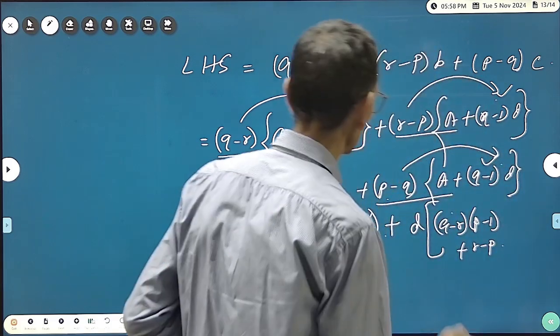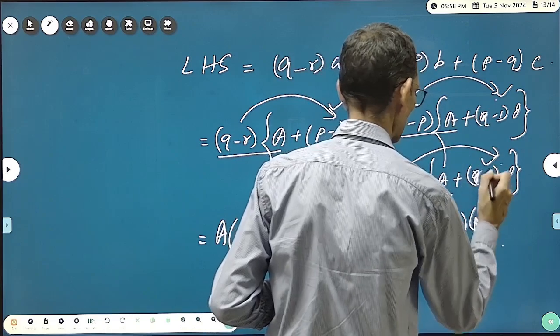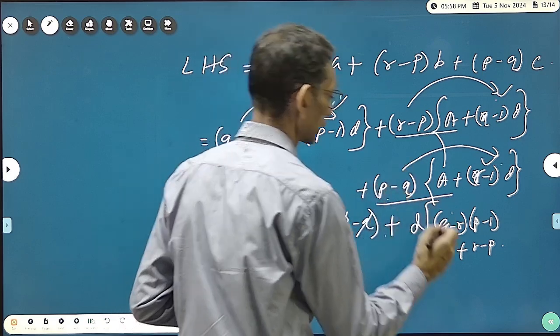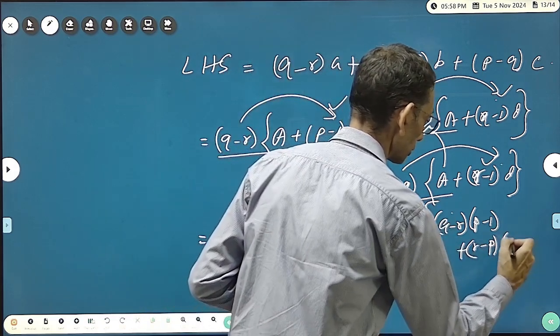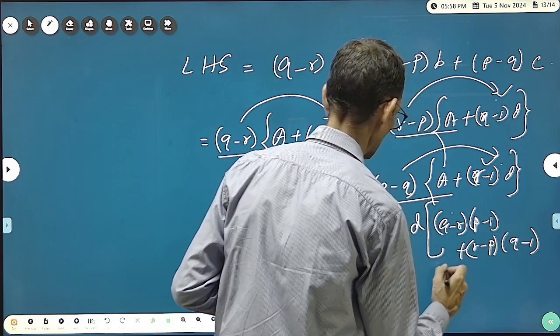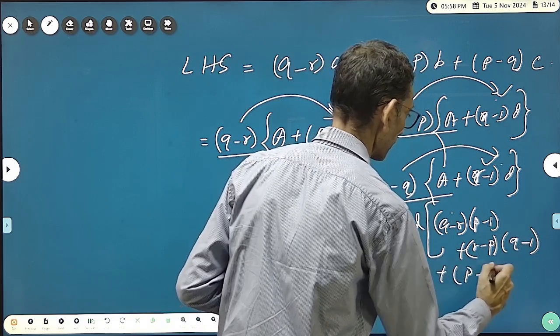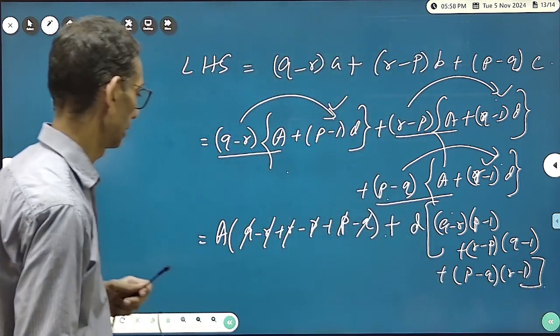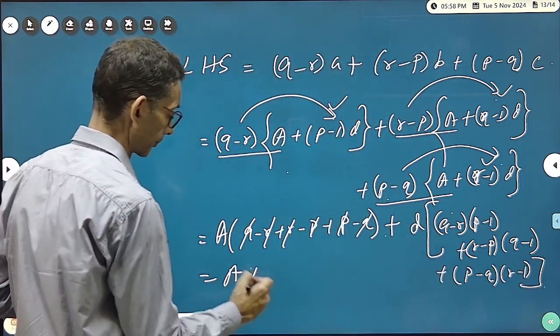So this will be R minus P, Q minus 1, and the last term will be P minus Q and R minus 1. Done, it will be A into 0.